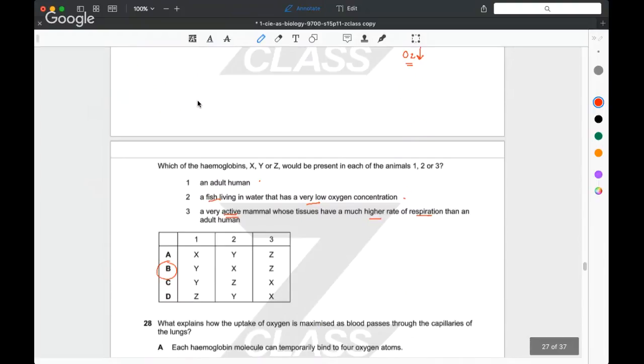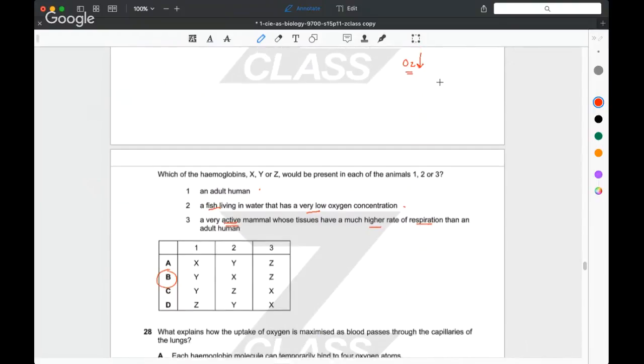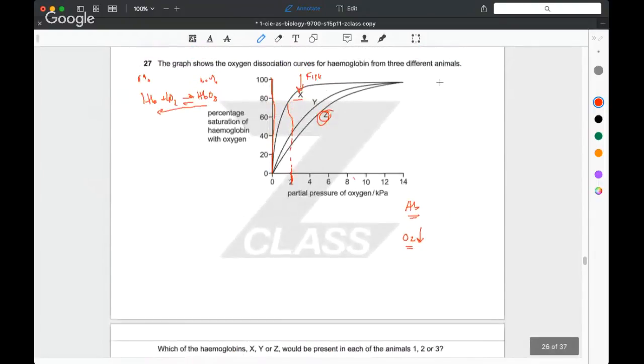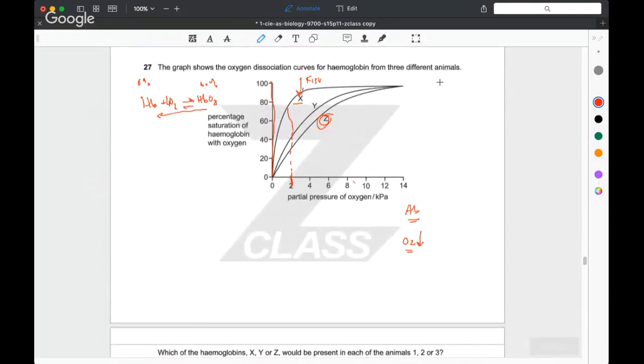And the examiner said that the only students who could interpret this oxygen dissociation curve were really able to answer that. You had to be able to interpret that curve both for the uptake of oxygen in the case of the fish and the release of oxygen from hemoglobin in the case of the animal. So you had to understand these dissociation curves both for the uptake of oxygen and the release of oxygen by the hemoglobin molecule.